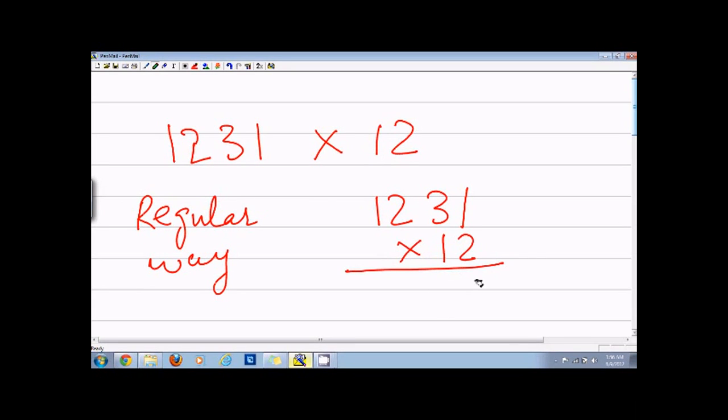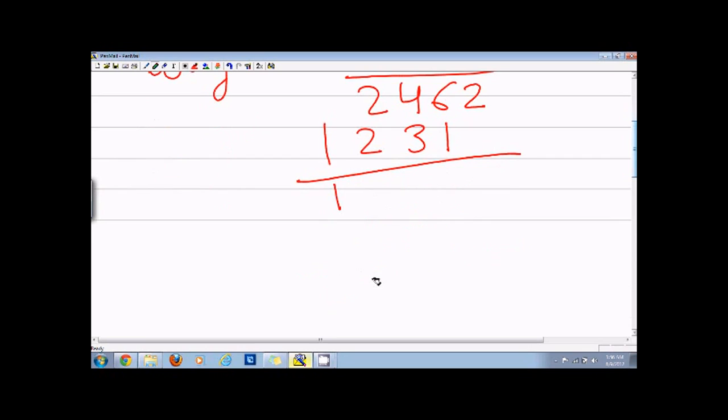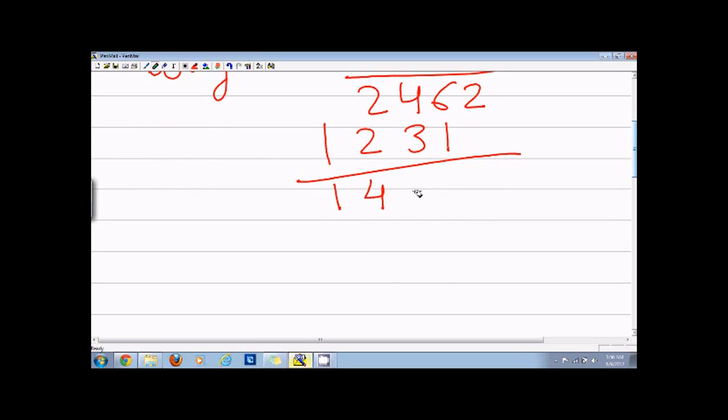So in this case I will say 2, 3 into 2 is 6, 4 2, and then I say 1 3 2 1, and then I will say 1 4 7 7 2.